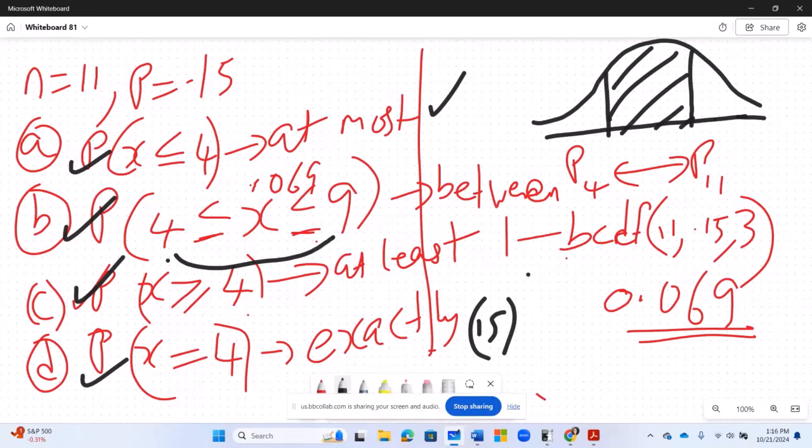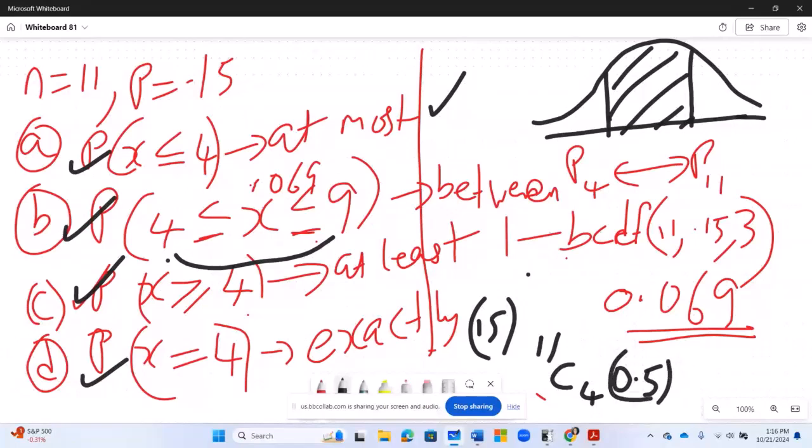All right, so I will now tell my calculator to find the probability of the random variable is equal to 4. So P(4), that's all I'm doing. And that is the same thing as 11 combination 4, success, and success is 0.15, success to power 4, failure. If success is 0.15, failure is 0.85.